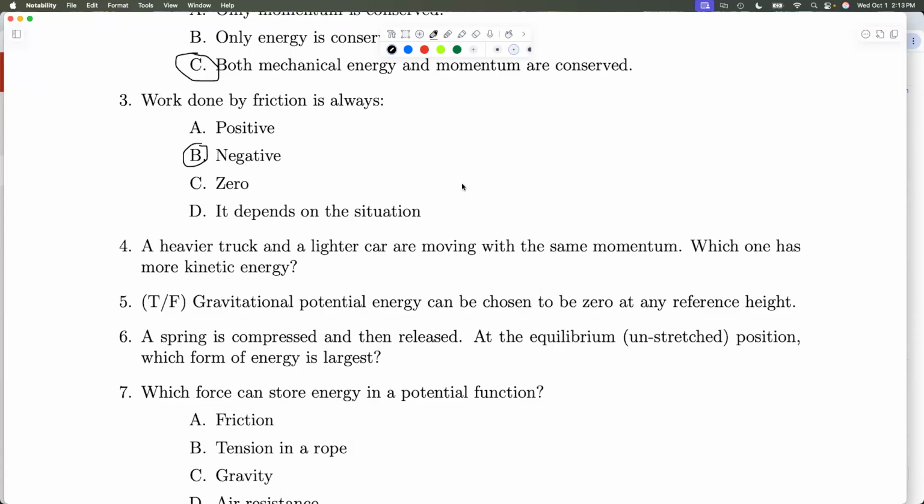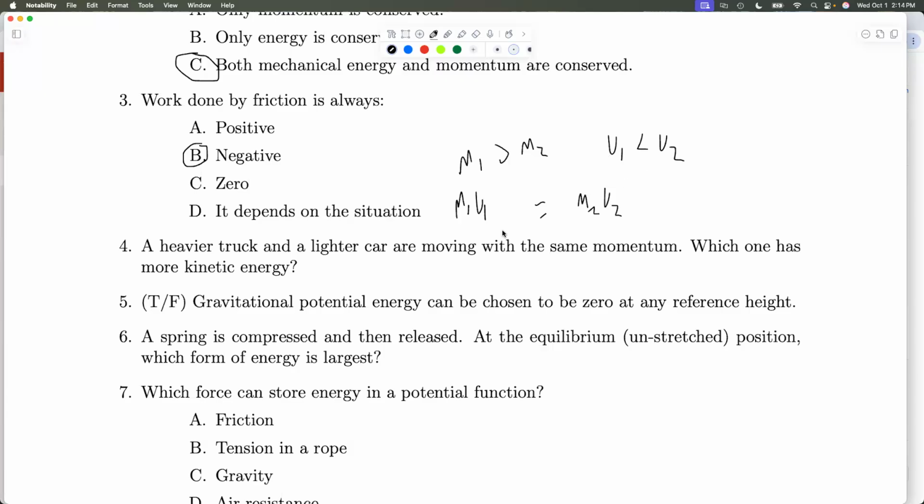All right, so we'll have M1 V1 equals M2 V2. They have the same momentum. M1 is bigger than M2, so that means V1 must be smaller than V2.